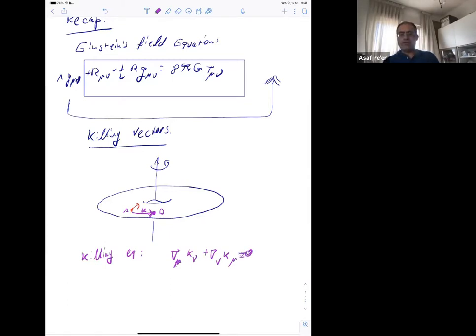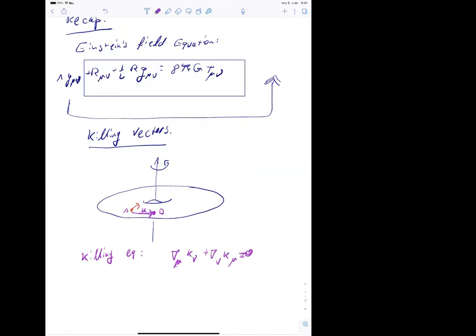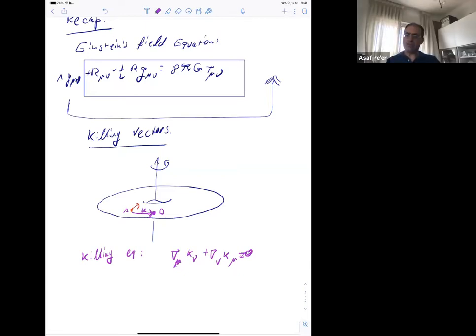Another way of seeing it, although we cannot see it right away, is that if we write down the metric and we see that the metric is independent of one or more of the coordinates. The problem, of course, is that there is something very tricky here, because that depends on the way we write the metric. If we write the metric, we choose a set of coordinates. So if we see that the metric is independent of one of the coordinates, then we know there is a symmetry there, and there is a Killing vector associated with this coordinate.